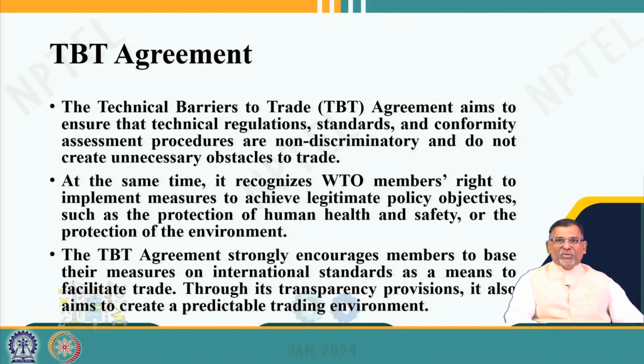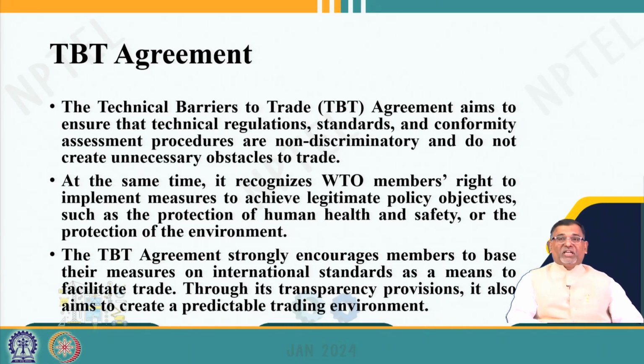The WTO members are given discretion or legitimate freedom to implement policies and objectives, or even to protect the environment. If you adopt such measures, it is not going to violate the TBT agreement, but they should be adopted in conformity with the assessment procedures in the TBT agreement.